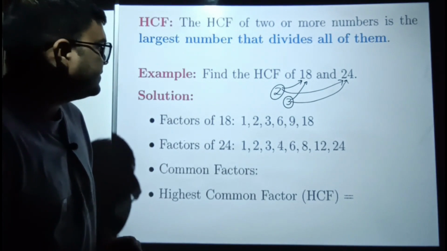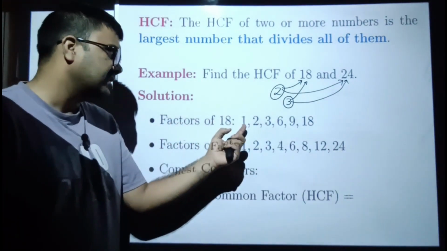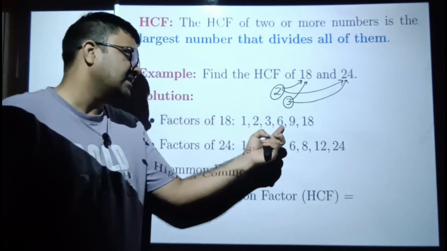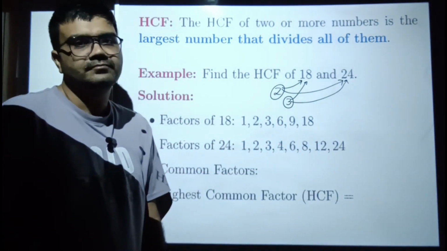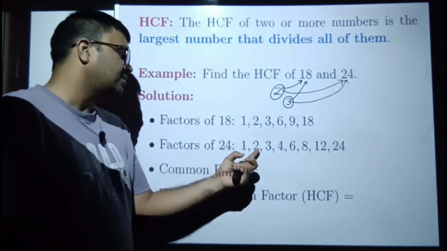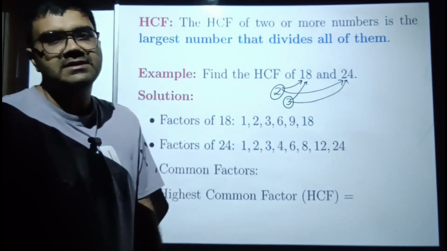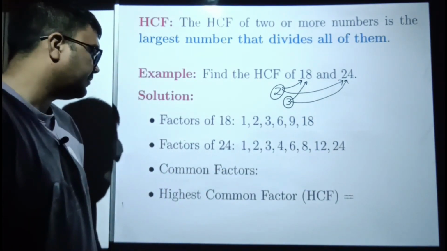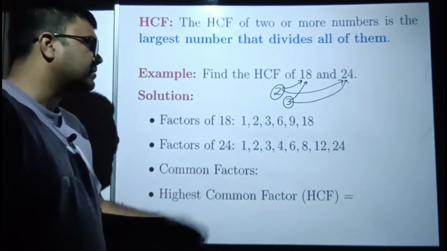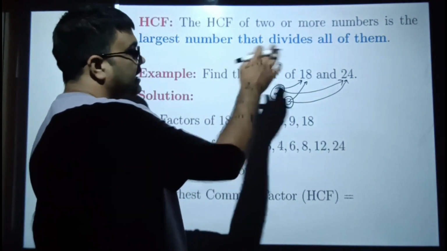To find this, we list the factors of 18. They are 1, 2, 3, 6, 9 and 18. We list the factors of 24. They are 1, 2, 3, 4, 6, 8, 12 and 24. Then we list the common factors, meaning the numbers that divide both of them.